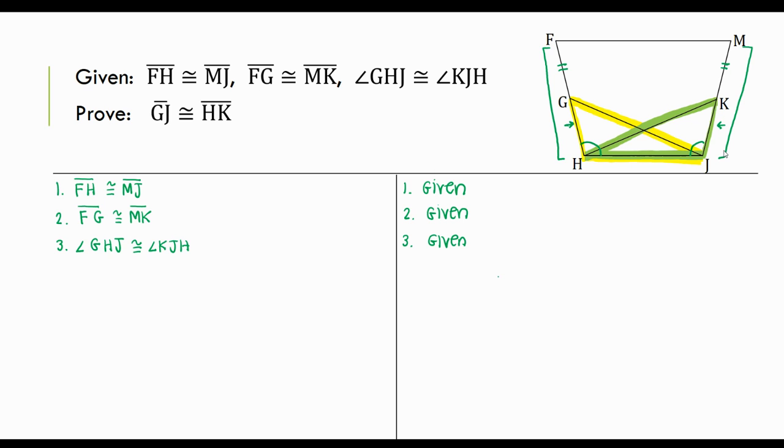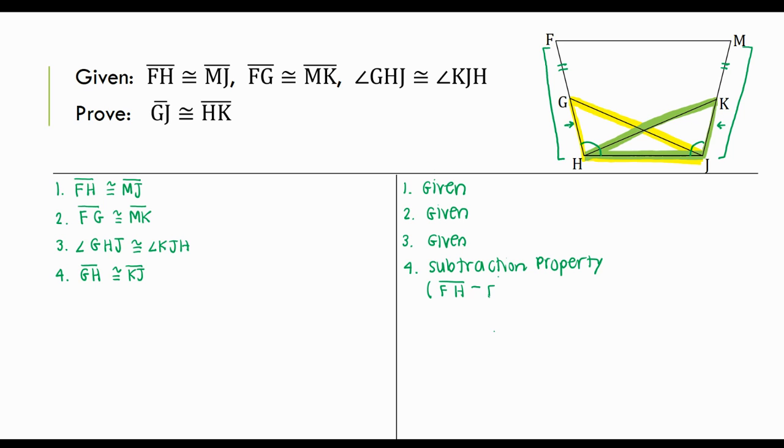And so to go from something big to something small means subtraction. So let's make our fourth step be that the segment GH is congruent to the segment KJ by the subtraction property. So once again, I'm going to show what it is that I'm subtracting. I started with the big segment of FH.